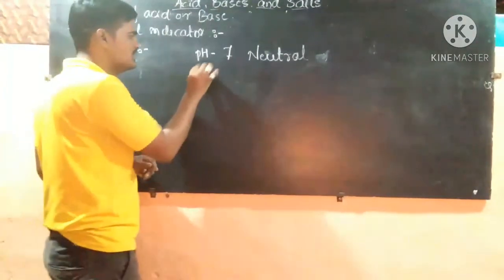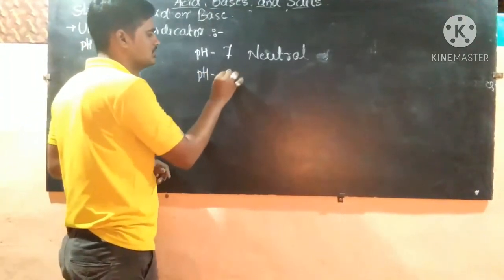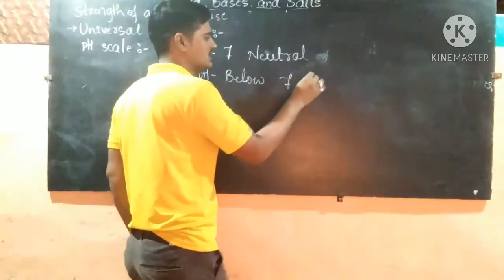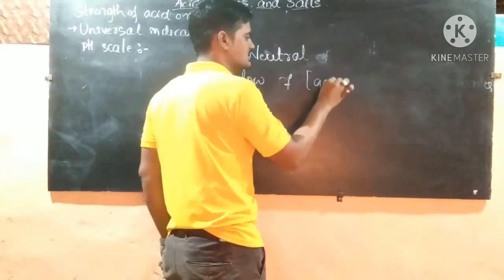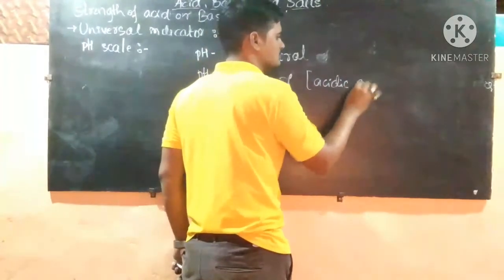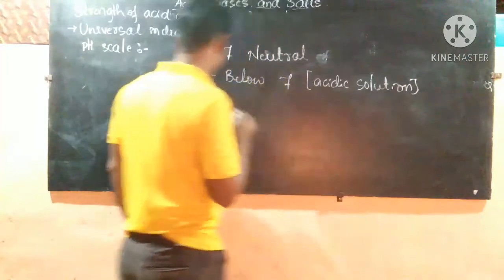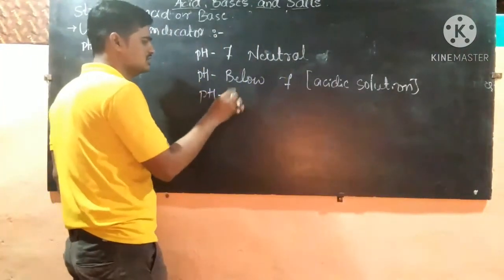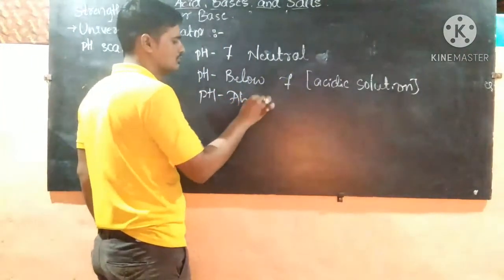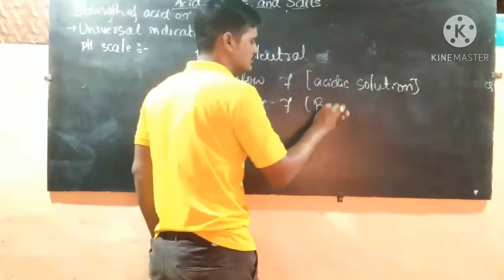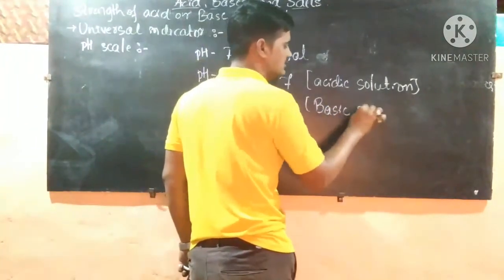If pH value is below 7, it is an acidic solution. If the pH value is above 7, it is a basic solution.